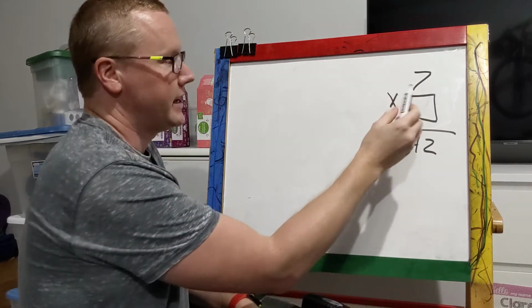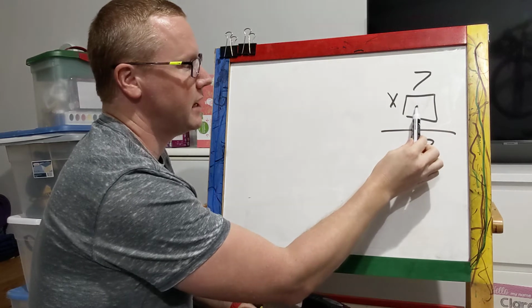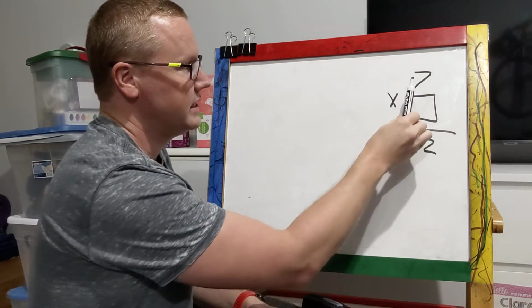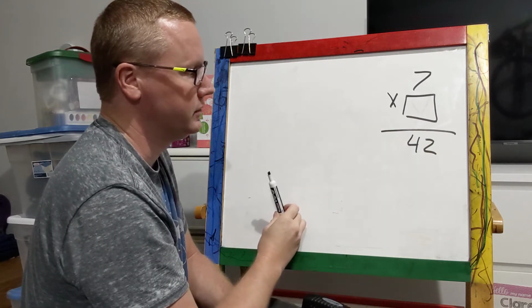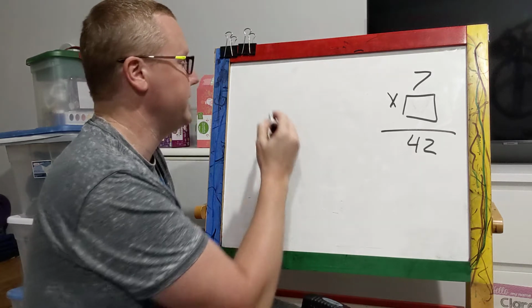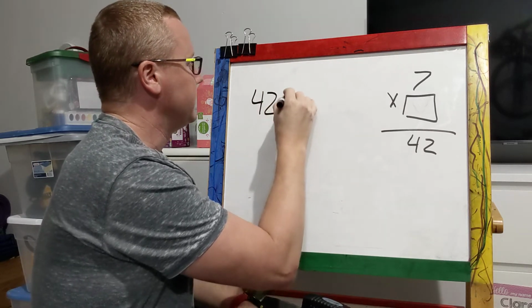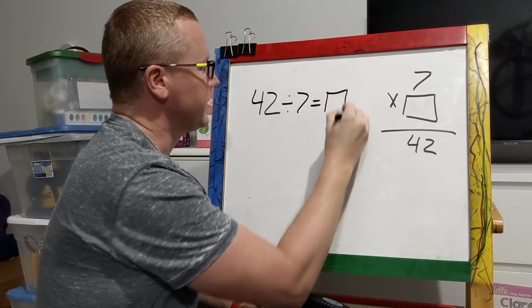Let's do that example over here as well. So again, this is a multiplication problem. 7 times something equals 42. 7 groups of something equals 42. If I were to write it as a division problem, I would say 42 divided by 7 equals something.